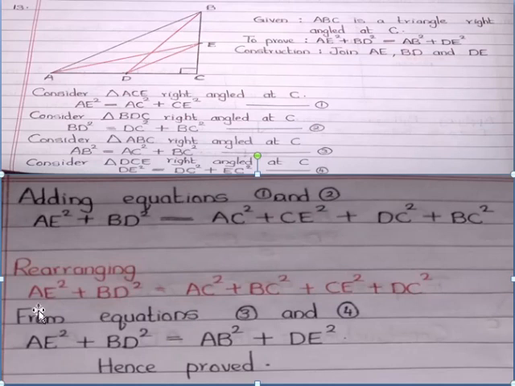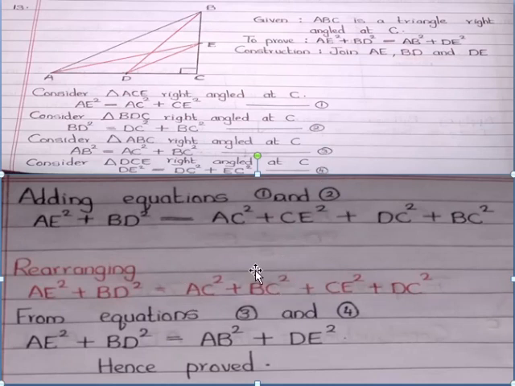Rearranging, you will get AE square plus BD square is equal to AC square plus BC square plus CE square plus DC square. Why did you rearrange? You rearranged so that you can substitute equation 3 and equation 4 here.